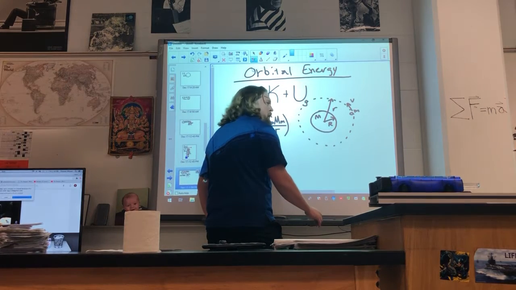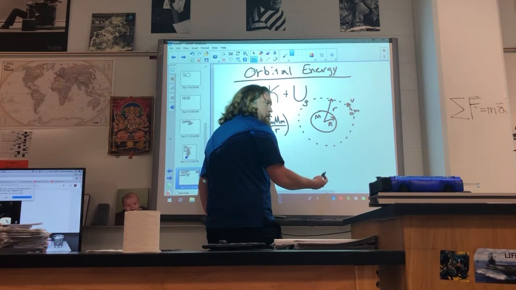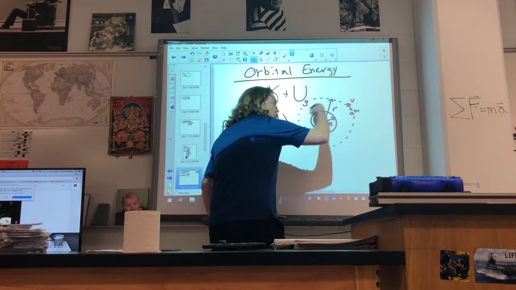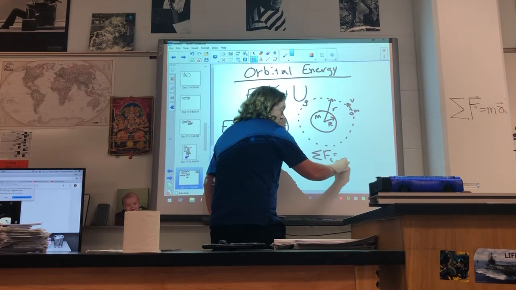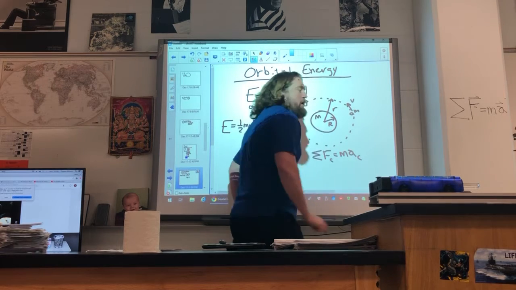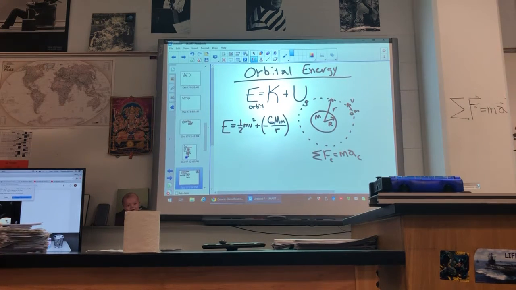Wow, slow down. I told y'all what you were going to have to do. If this is a circular orbit, where do I start? You might want to do this with me, okay? You're going to have to start by stating that in this system, this is UCM. A circular orbit is UCM, meaning that he's accelerating towards the center.